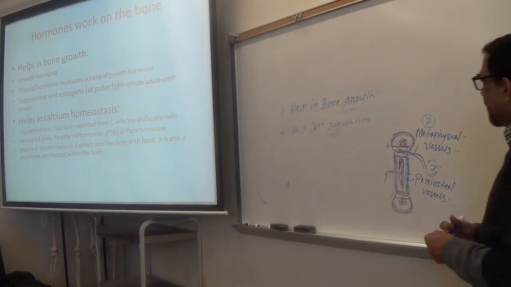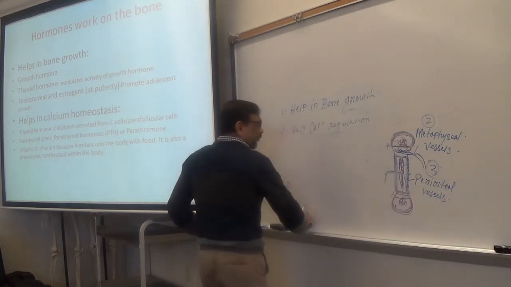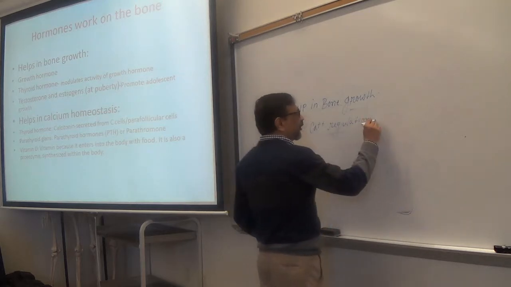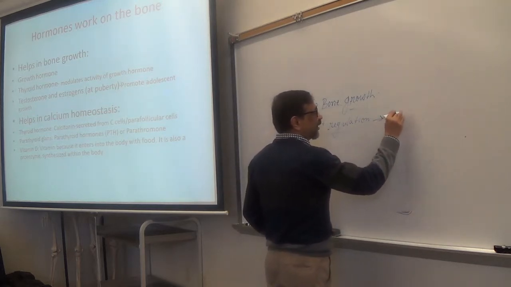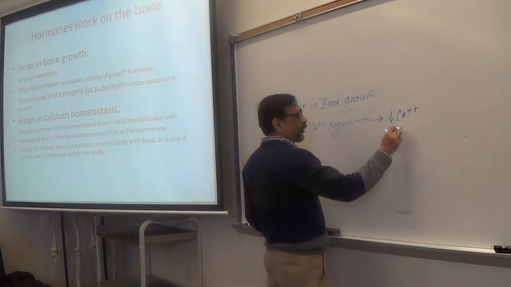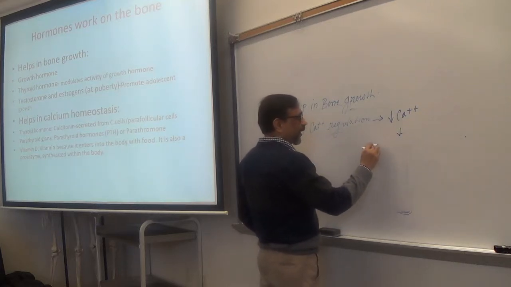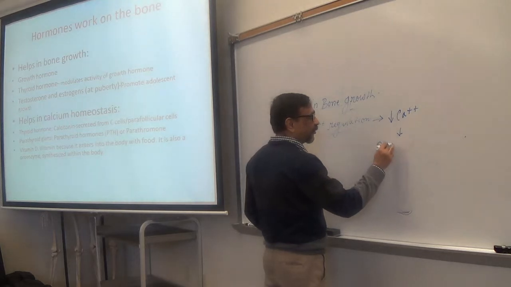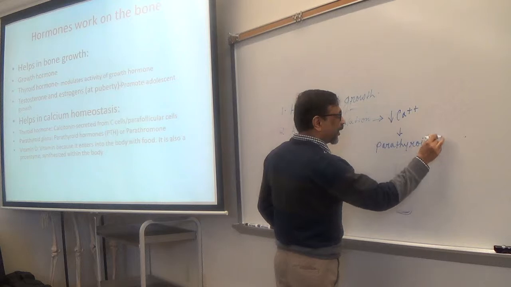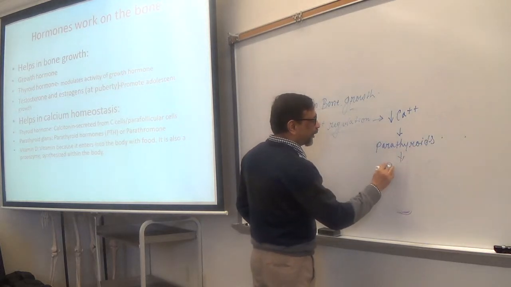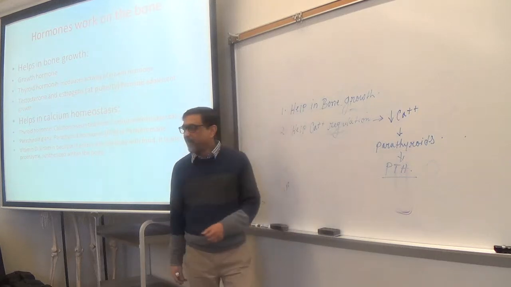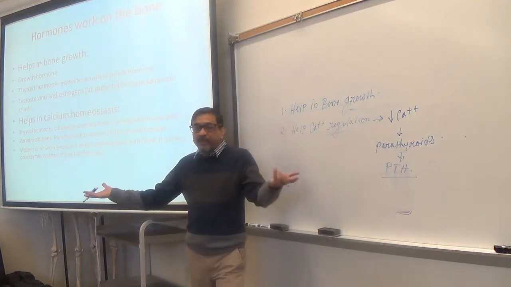Okay? So now let me write it down. If the calcium concentration in your blood goes down, that will stimulate the parathyroid gland, the parathyroids, to release parathyroid hormone, PTH. That is the hormone. Parathyroid hormone from the parathyroid gland.